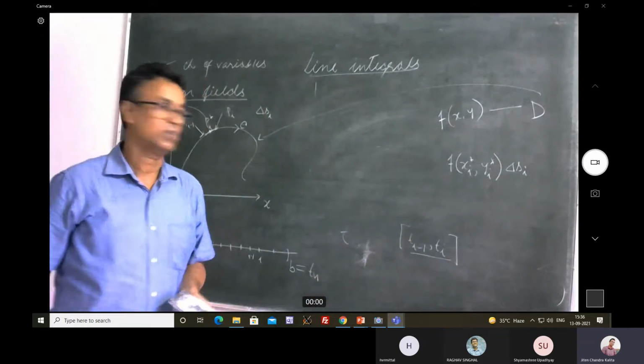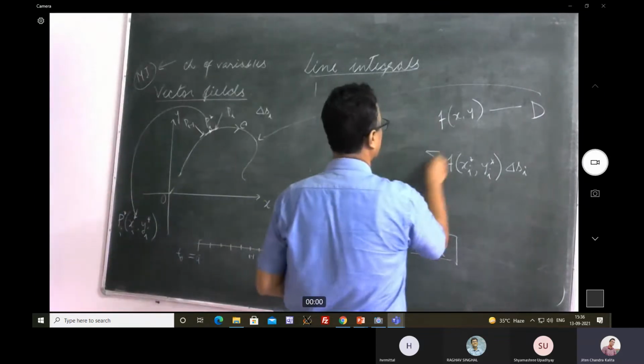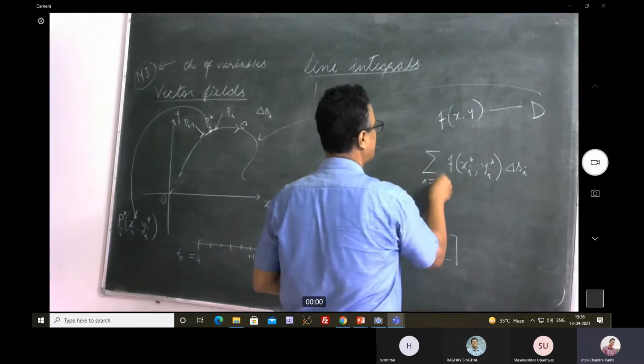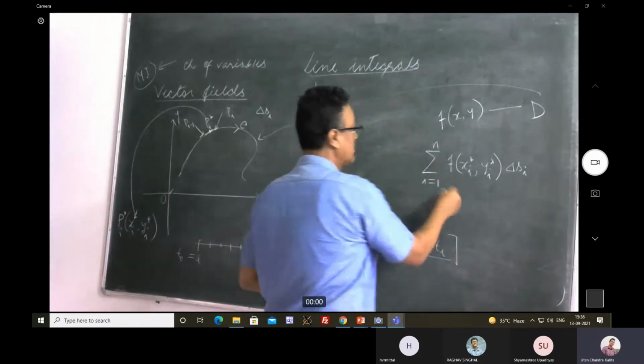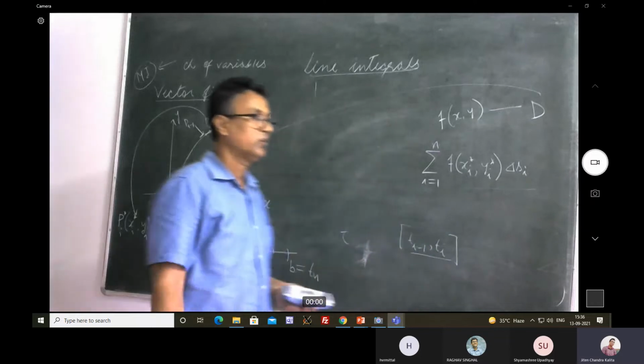And if I take this sum, since f is continuous, this is going to be a Riemann sum.